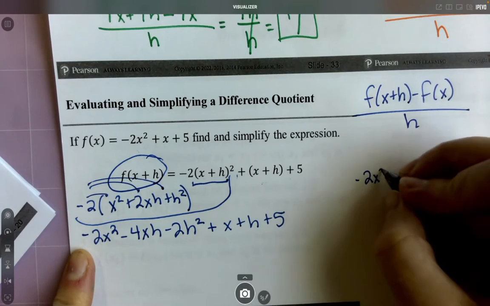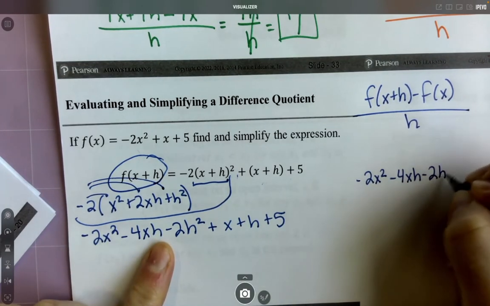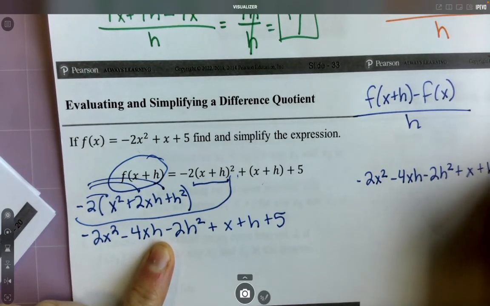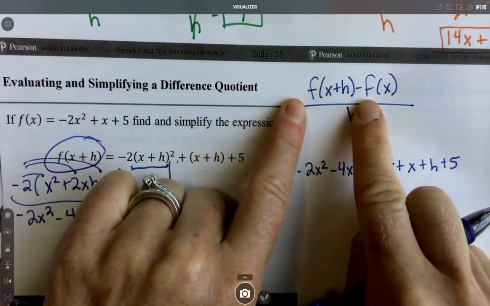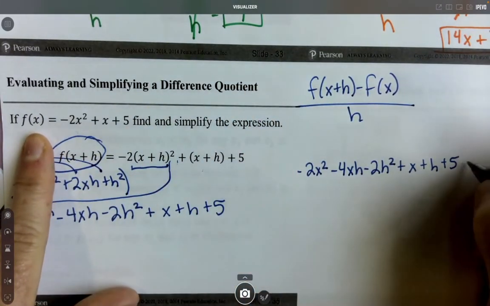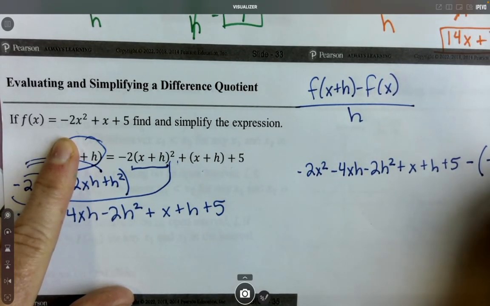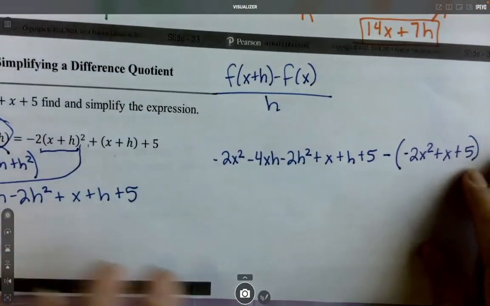Negative 2x squared minus 4xh minus 2h squared plus x plus h plus 5. Okay, so that is this f of x plus h minus f of x. I'm going to subtract this whole thing, negative 2x squared plus x plus 5.